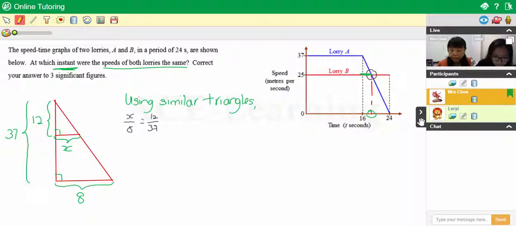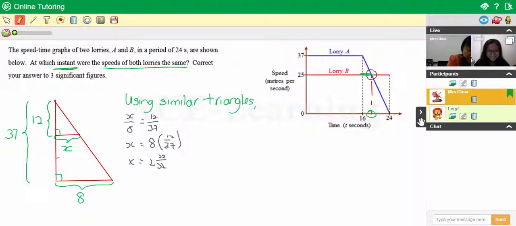Good, you've got the ratio correct. Now proceed to find x. That's correct. Okay, good. Well done.